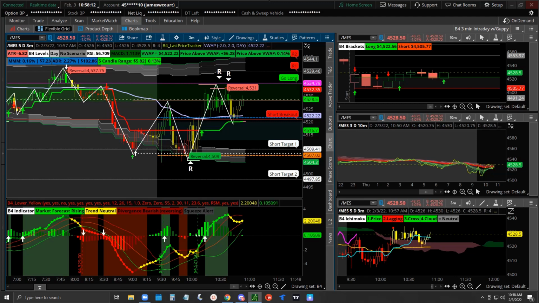See, as they come into the trap zone, immediately the wick forms. That's the early defense, okay?